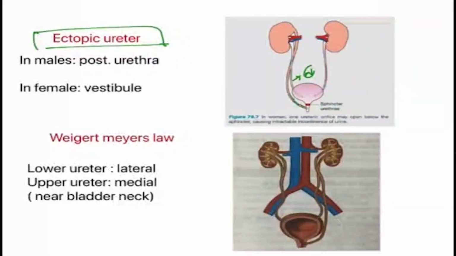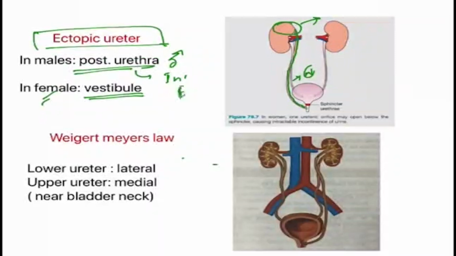Now coming to ectopic ureter. In this diagram we can see this is the normal ureter and this is the ectopic ureter. So the ectopic ureter normally drains the upper pole of kidney. In male it opens in the posterior urethra and in female it opens in the vestibule.